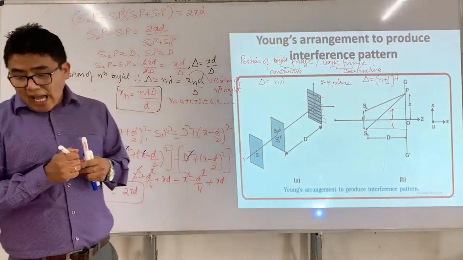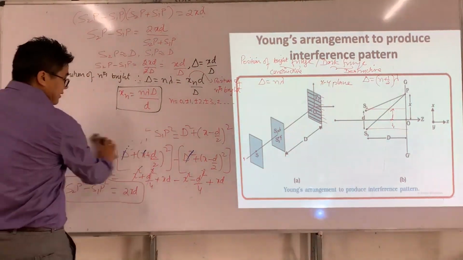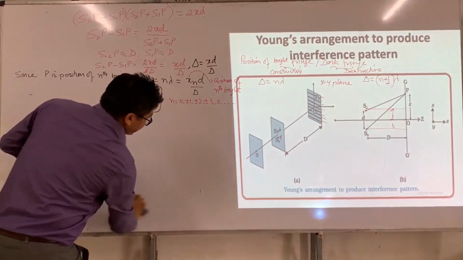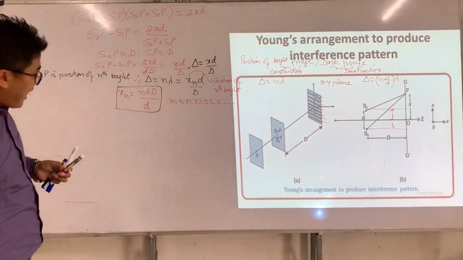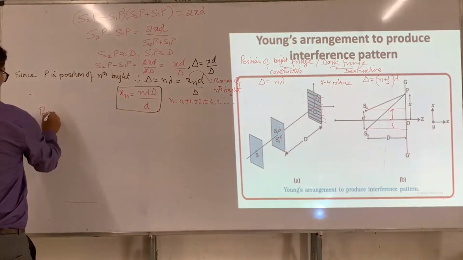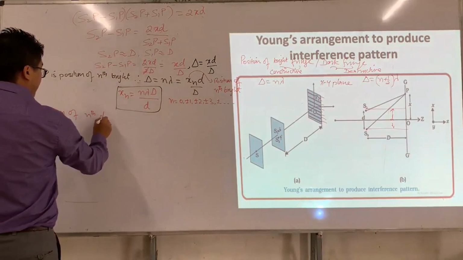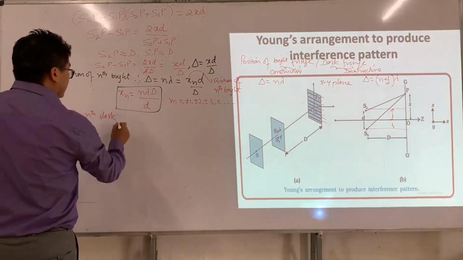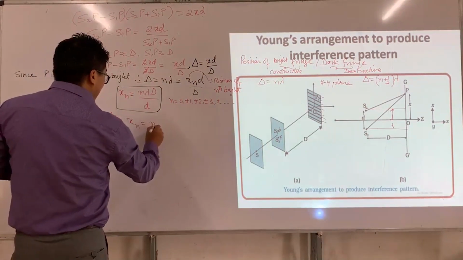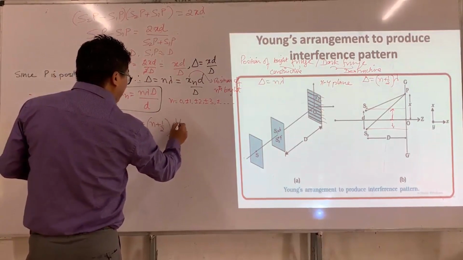And now similarly, I can get you the position of n dark. So the position of n dark is again found the same way, only here I'm going to introduce a different path difference.